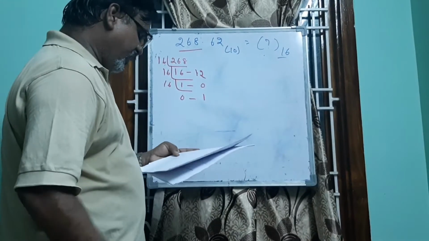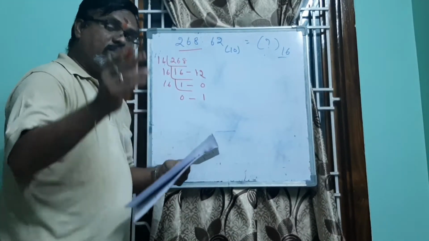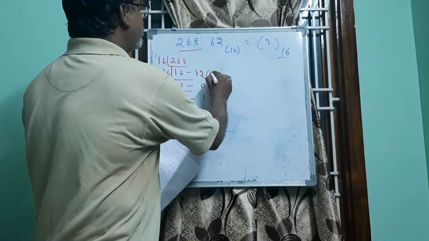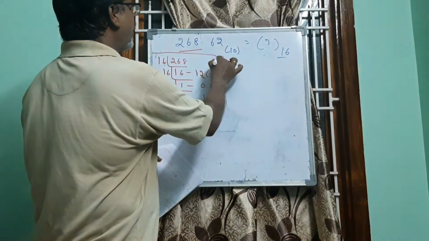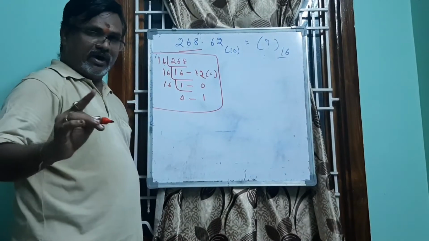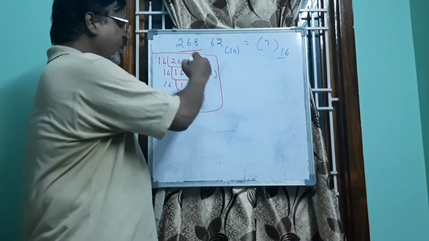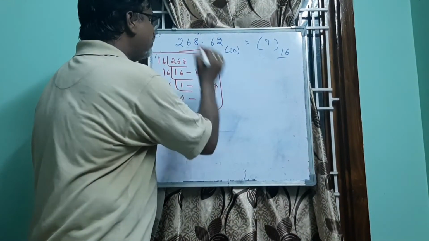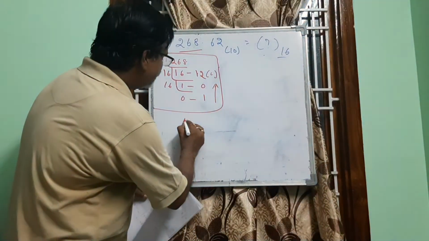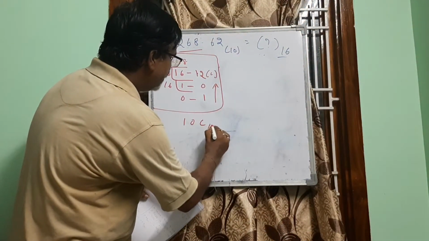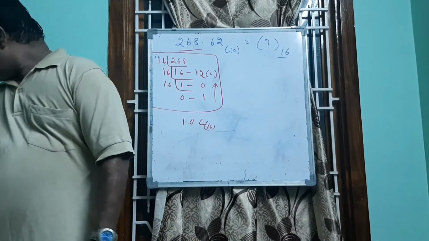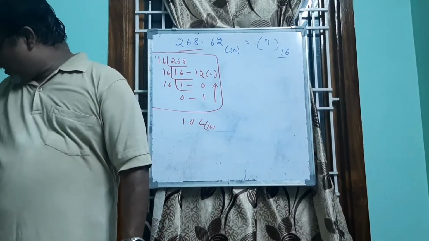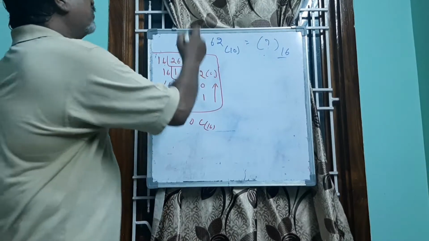You know very well that there is no number 12 in hexadecimal, so this will be written as C. But remember, we write this in bottom to top order. So it is 10C base 16.